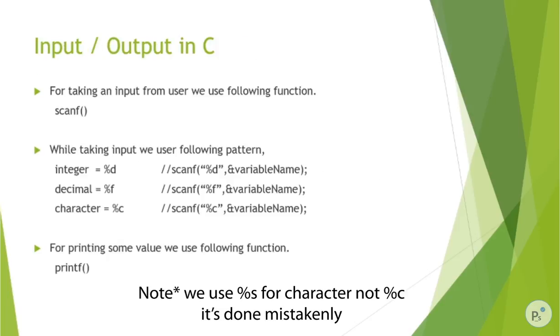So how can you do input and output in C? For taking input from user, we can use the scanf function. We can talk about it in a practical way so you can understand it better, but let's understand the small theory first.